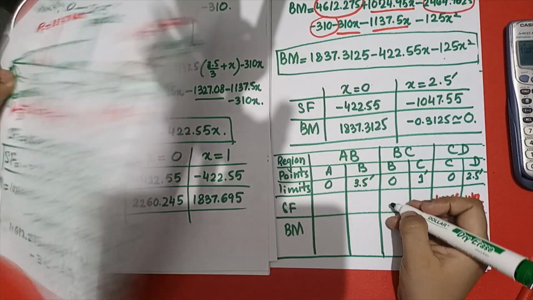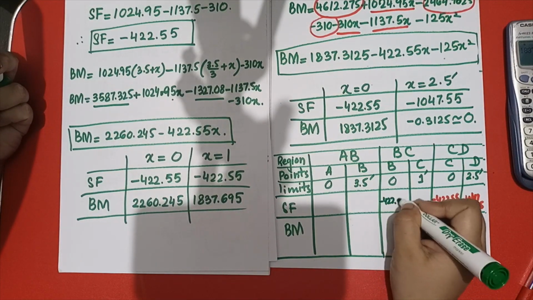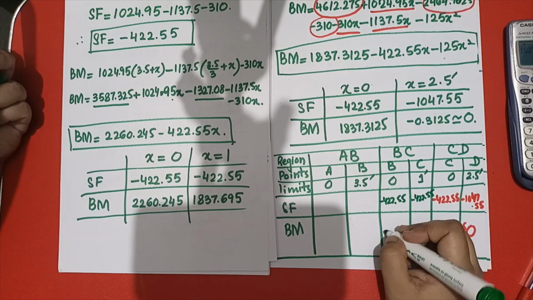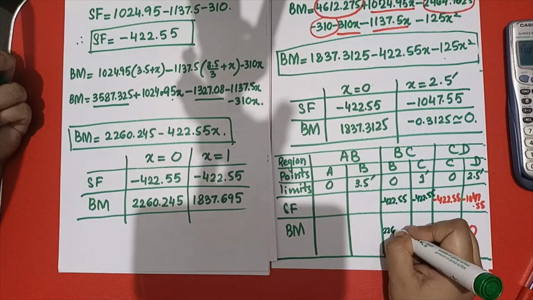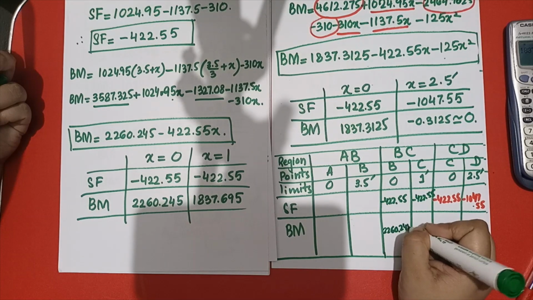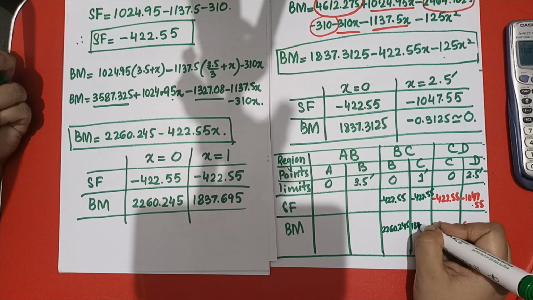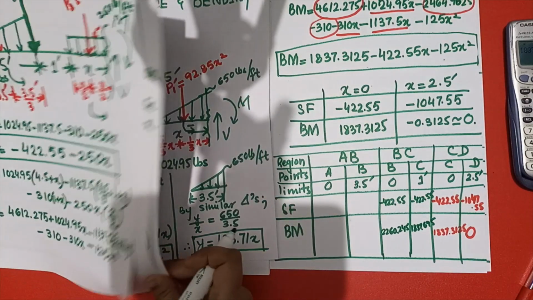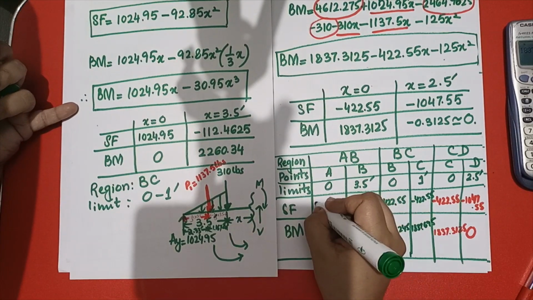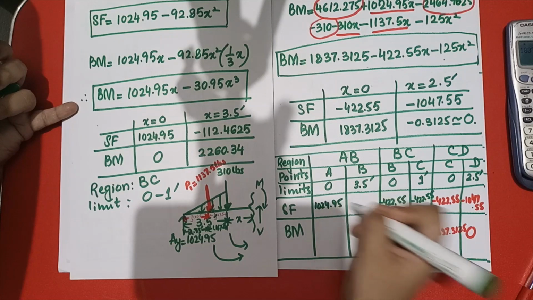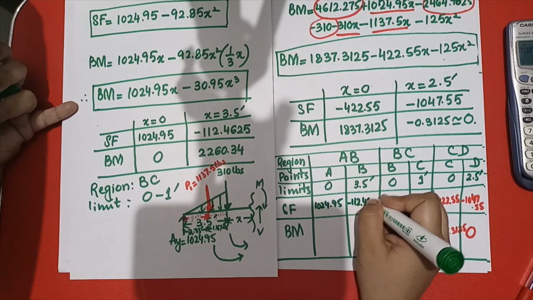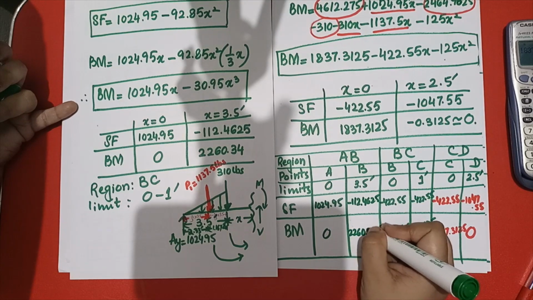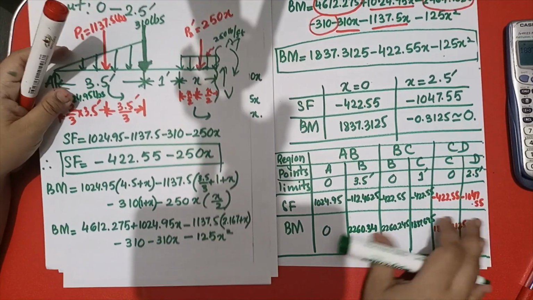So I am going to write it down here, minus 422.55 minus 422.55, and there is 2260.245. This will be 1837.695. Okay, the first value will be what? This one. 1024.95. This is minus 112.4625. And here is 02260.34.